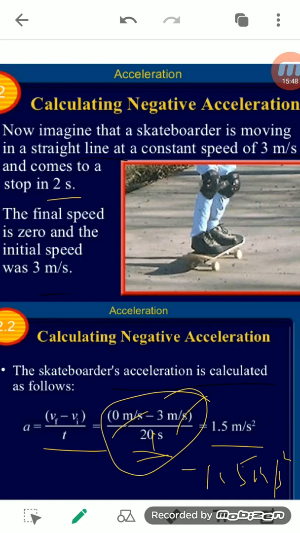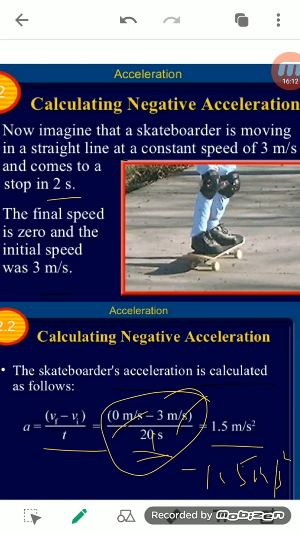So this kind of acceleration is a negative acceleration. Negative acceleration occurs when the final velocity of the object is less as compared to the initial velocity. When the final velocity is less and the initial velocity is higher, this gives the negative acceleration, with a minus sign.